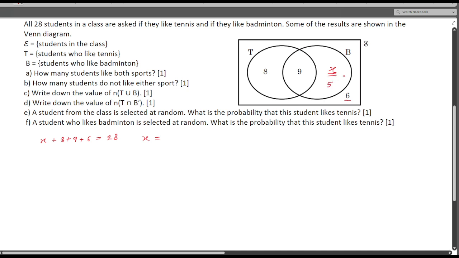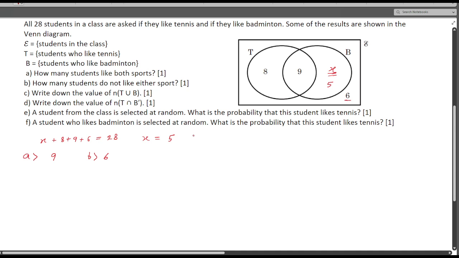Okay, so now I can answer the question. The first question is, how many students like both sports? So you can see 9 students like both the sports. Then how many students do not like either sport? So I have 6 students who do not like any sports.